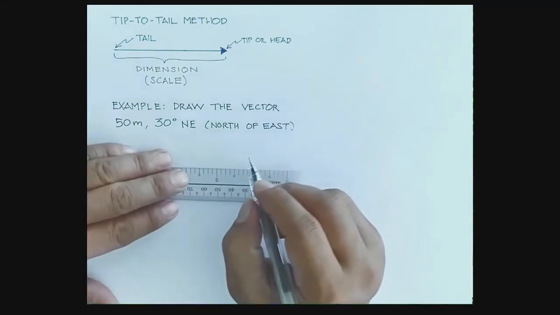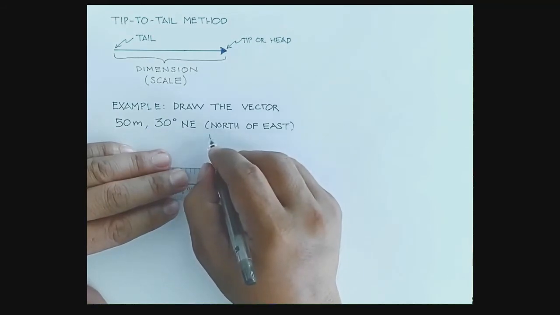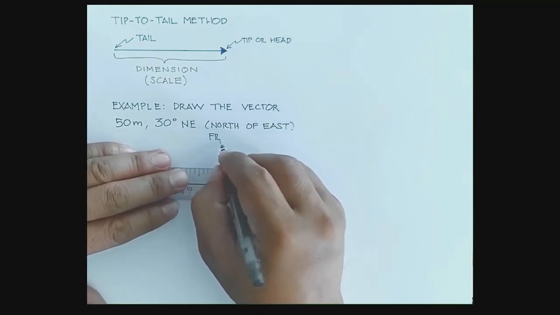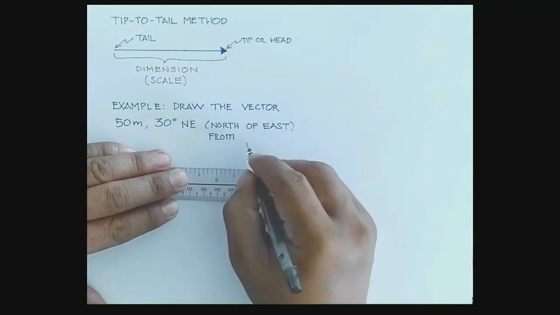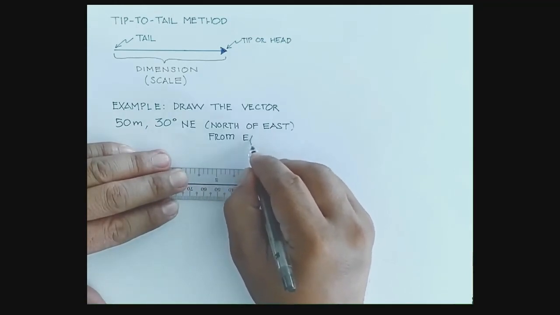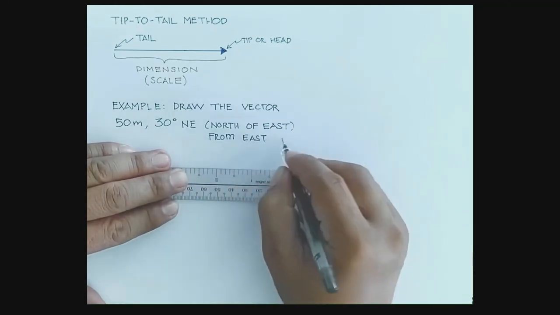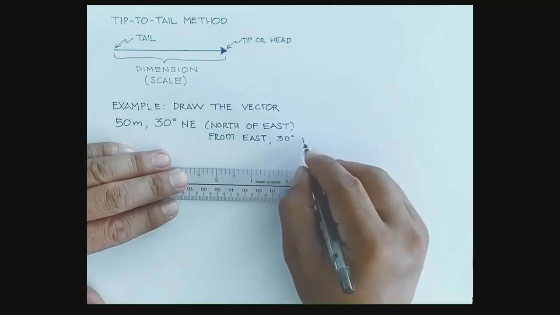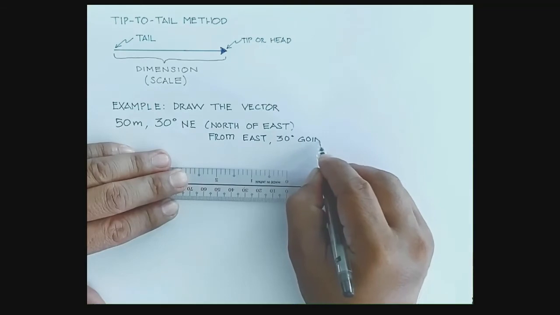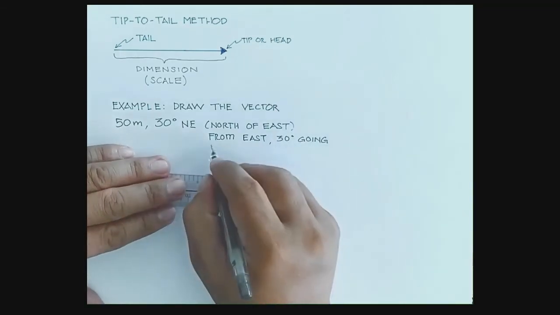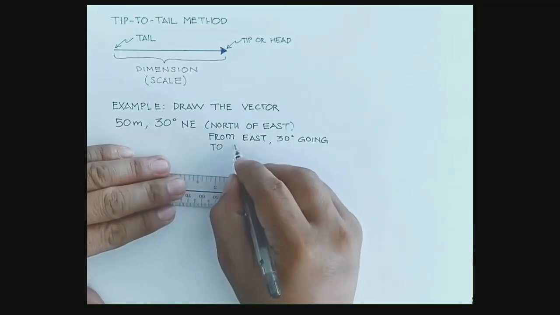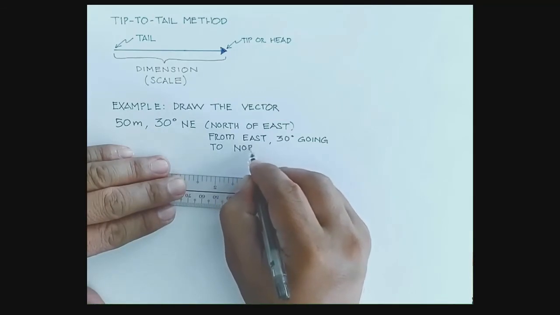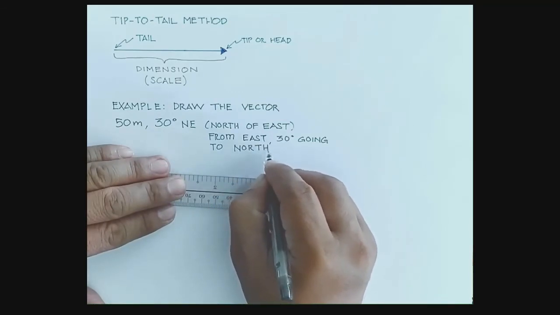So in other words, from the east, you are going to measure 30 degrees going to the north. Just an example.